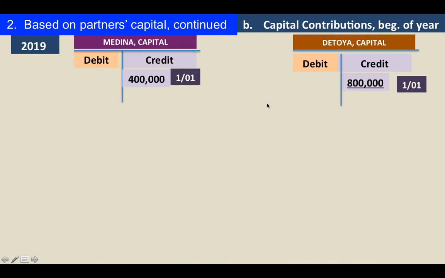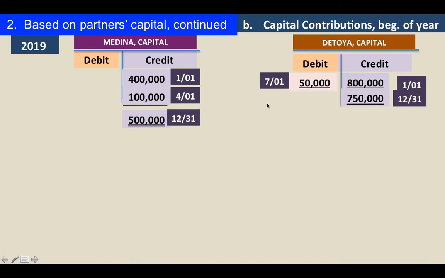Now, let us discuss and illustrate based on partners' capital, but using capital contributions at the beginning of the year. We have already illustrated the capital contributions for 2019. So at the beginning of the year, we can note that Medina has 400,000 and De Toya has 800,000.